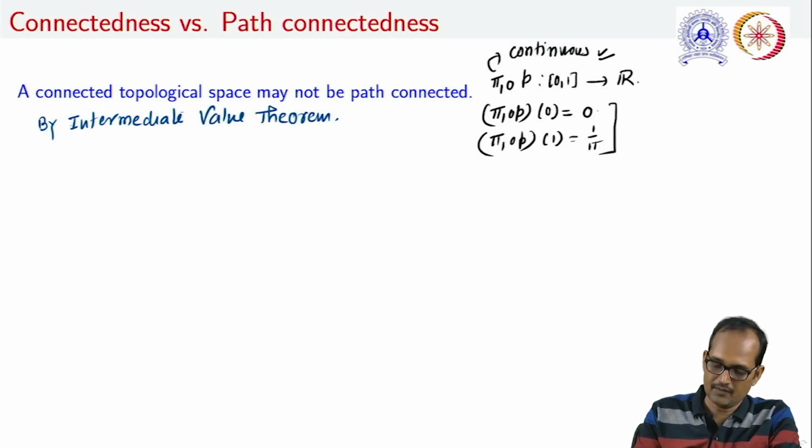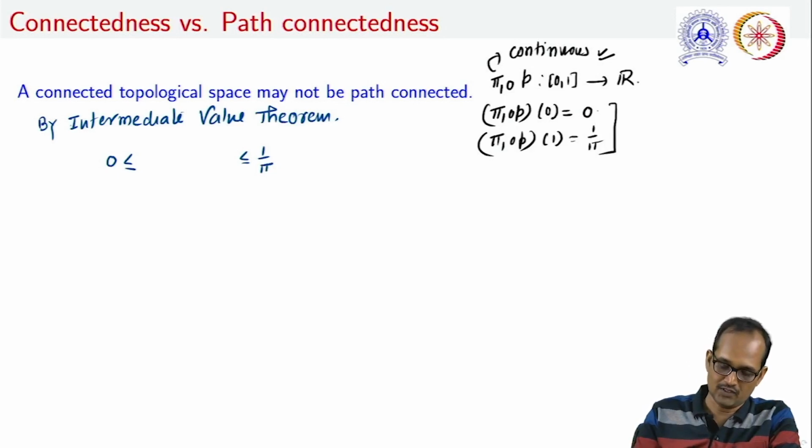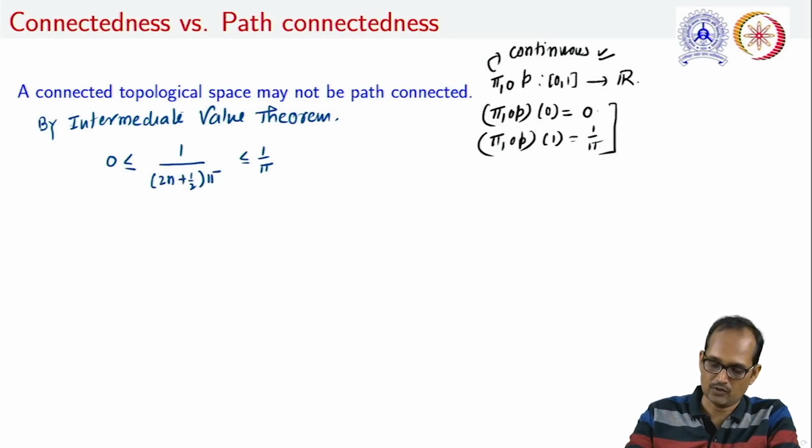If we are taking any element between 0 and 1 upon π, the choice of this point is important. What we are going to choose here are elements of this form: 1 upon (2n plus half) π.